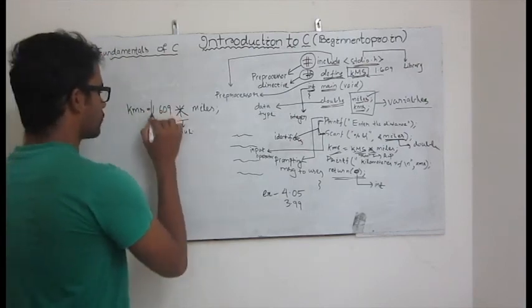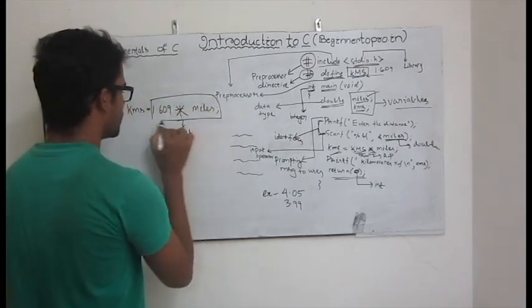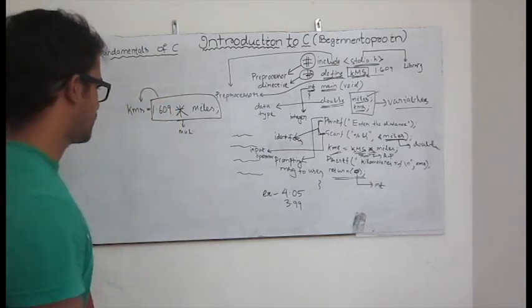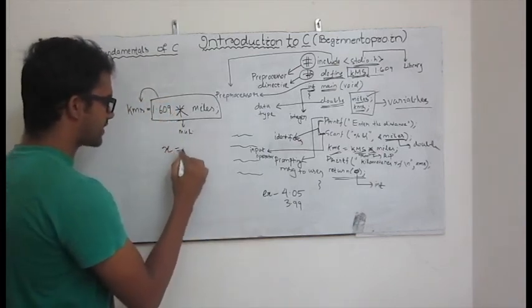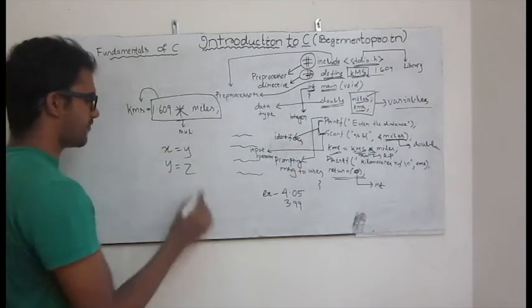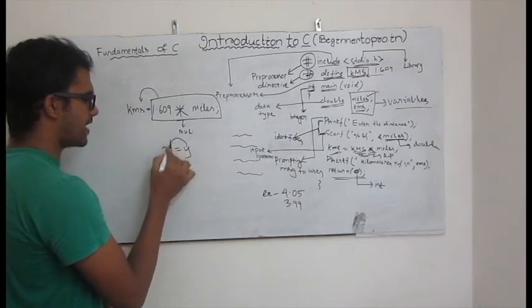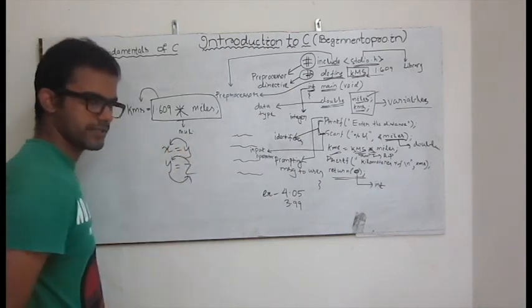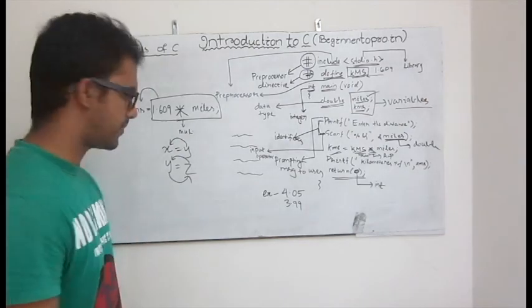We are going to store the result in KMS. Always remember that if you are writing something like this, the value will always be stored from right to left, not from left to right. This is the main point you are going to remember.